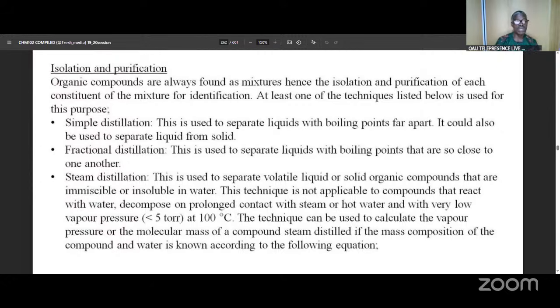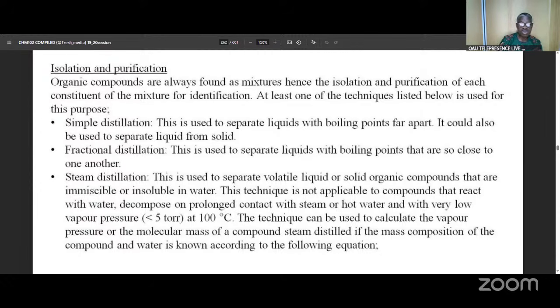This technique is not applicable to compounds that react with water. So if you have compounds that react with water, then you don't use steam distillation. Why? Because you will have problems there.